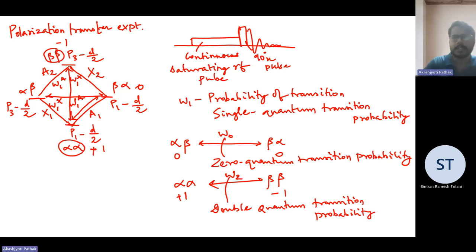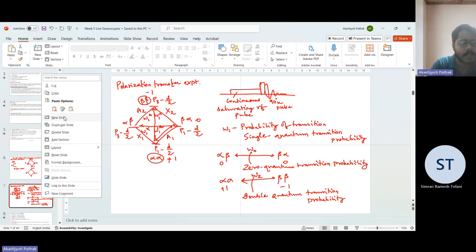Now let's try to understand what is happening due to the application of this pulse. What is the change in population that is taking place in each of these energy levels? We'll take another slide.